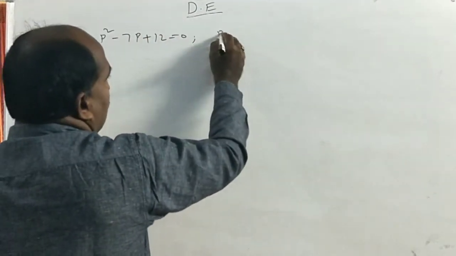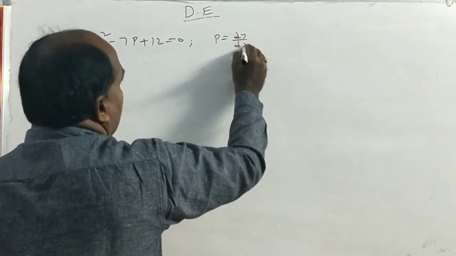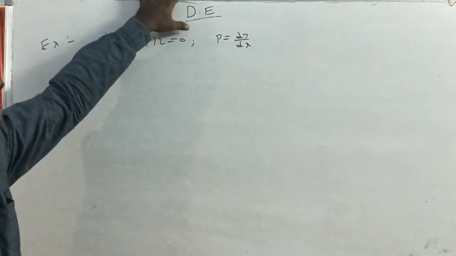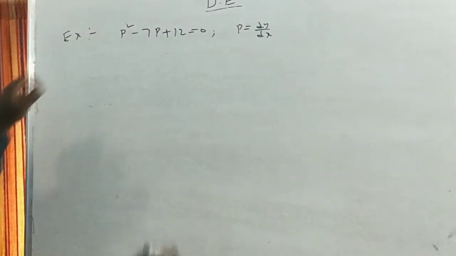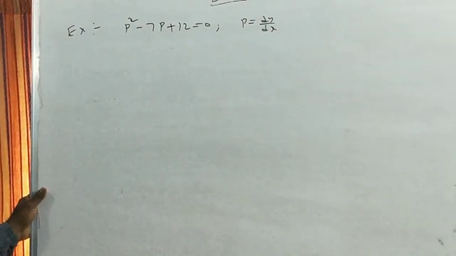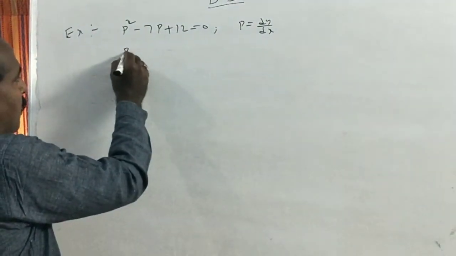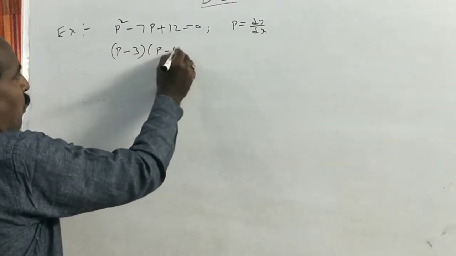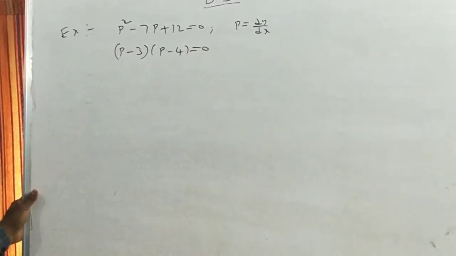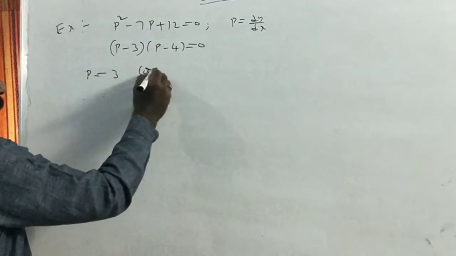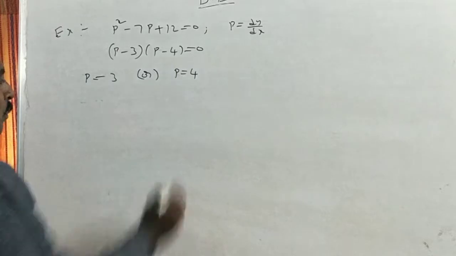Here p is dy by dx. Clearly, this equation represents a first order second degree differential equation. On solving for p, we get two linear factors, (p minus 3) into (p minus 4) equal to 0. So p equal to 3 or p equal to 4.